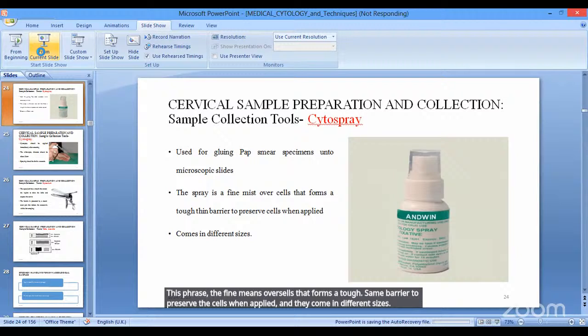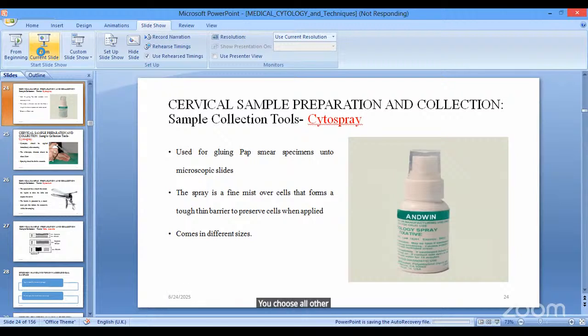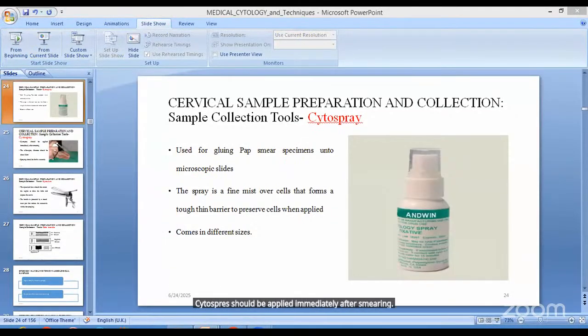You choose or order the size that you want. Cyto spray should be applied immediately after smearing. The spray to slide distance should be about 20 centimeters, and you spray for a few seconds to preserve the integrity of cells.